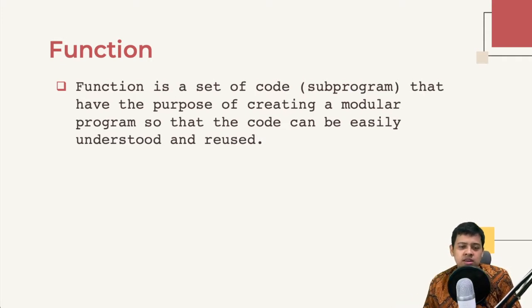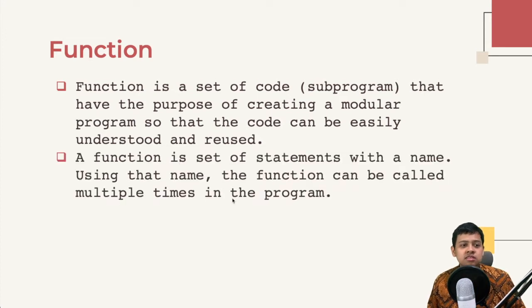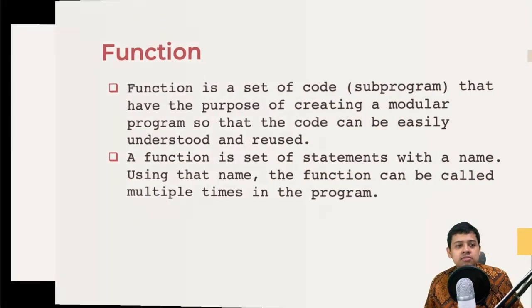In programming terminology, this is called encapsulation. We encapsulate a set of code into just one name, and if we want to use it, we can just call the name without needing to understand or run the set of code itself. By using that name, we can use it multiple times, not in one place, but in other places as well.